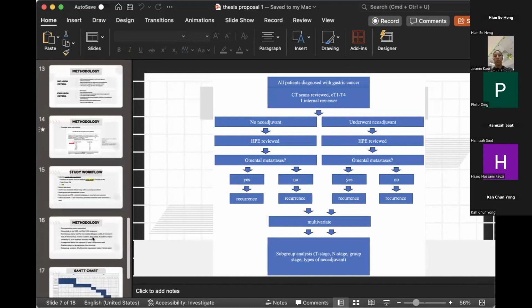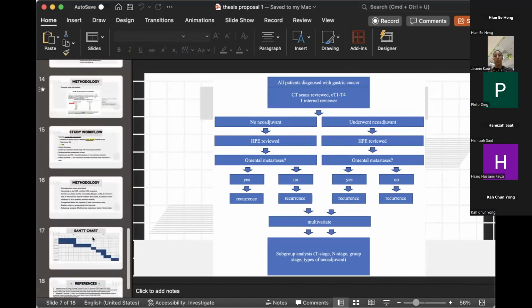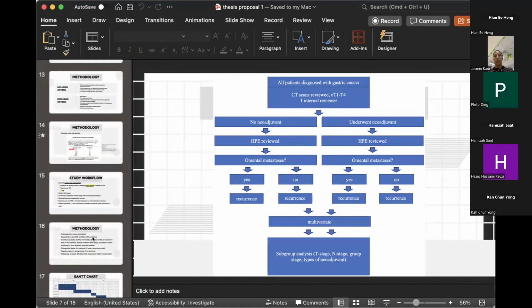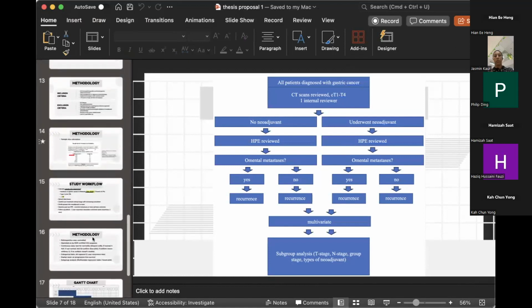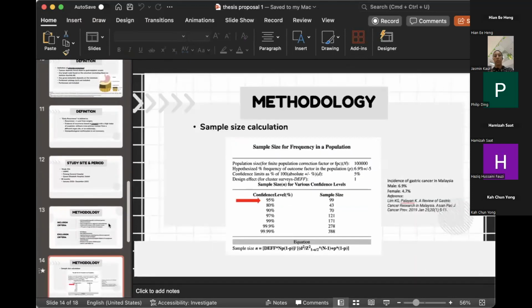My outcome of the study is I want to see the incidence of omental mets, and post-neoadjuvant, does the incidence of omental mets reduce? For my sample size calculation, I used the incidence of gastric cancer in Malaysia, and the sample size I got is 99.